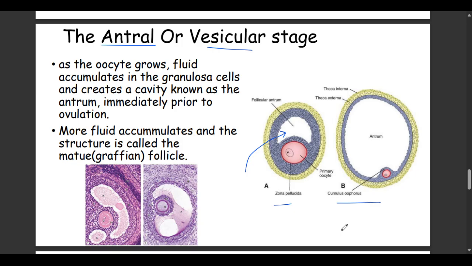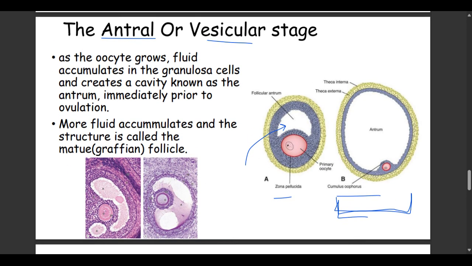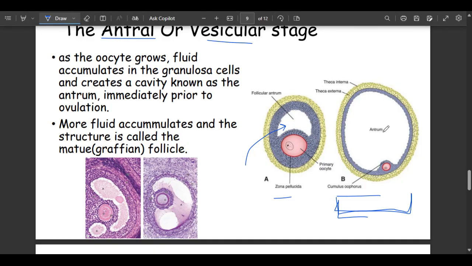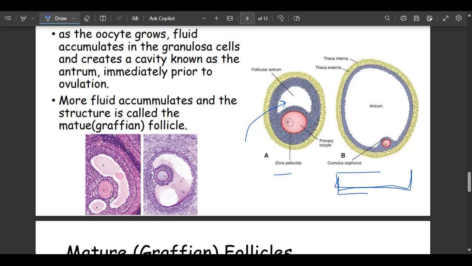But then you have what is known as a mature oocyte or the Graafian follicle. This is the Graafian follicle, a mature oocyte, which looks like that. So when more fluid accumulates in the follicular antrum, it's going to look like that. Even in a histological staining, an actual picture of an actual cell, you're going to find that it looks like this.